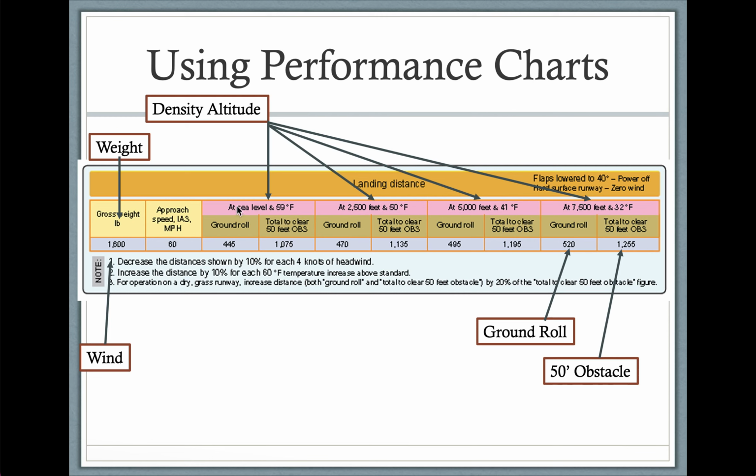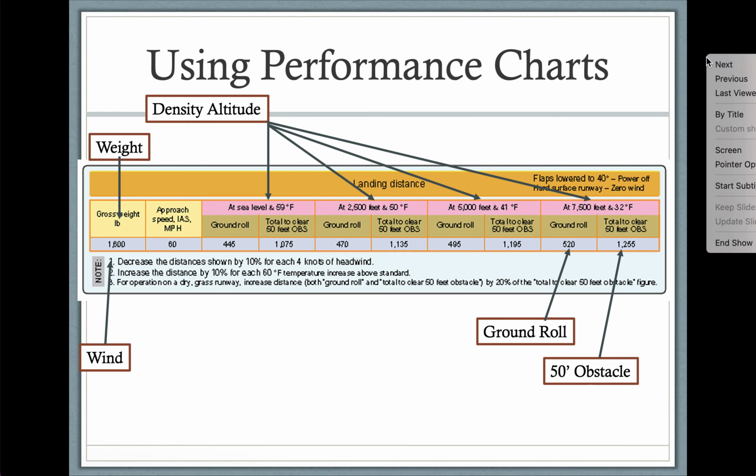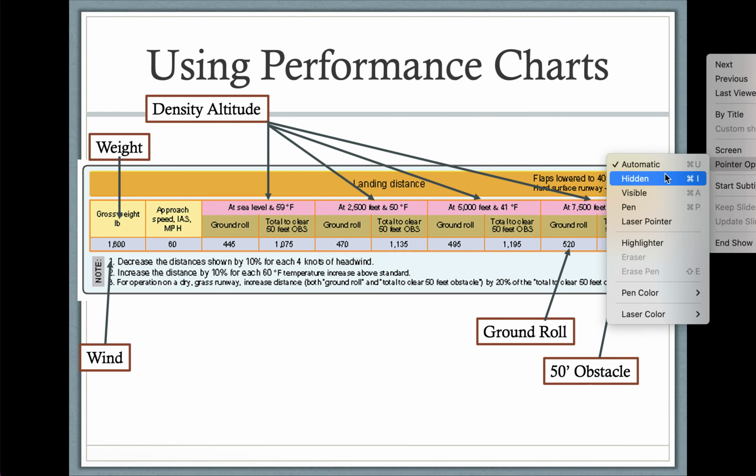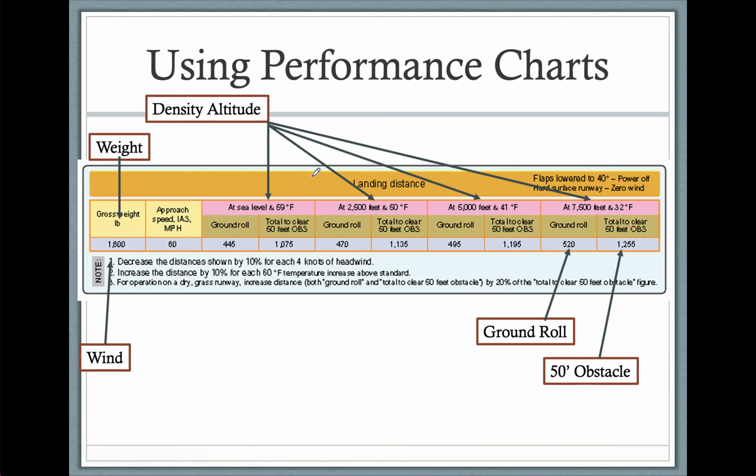So my point here is at different altitudes and temperatures, they're saying that at this density altitude, here are your numbers. And then at this density altitude, here are the numbers you get because it's higher elevation and it's supposed to be colder temperature.